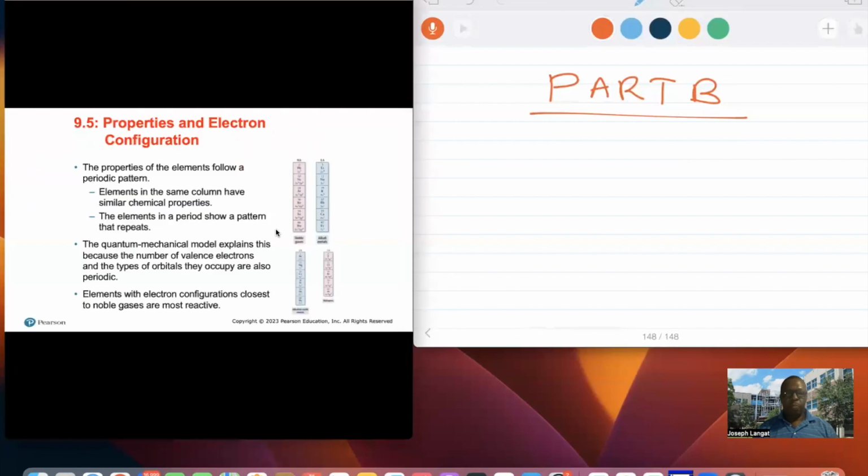In 9.5, we build on the observation we made in chapter 8 on the quantum mechanical model of an atom and quantum numbers.